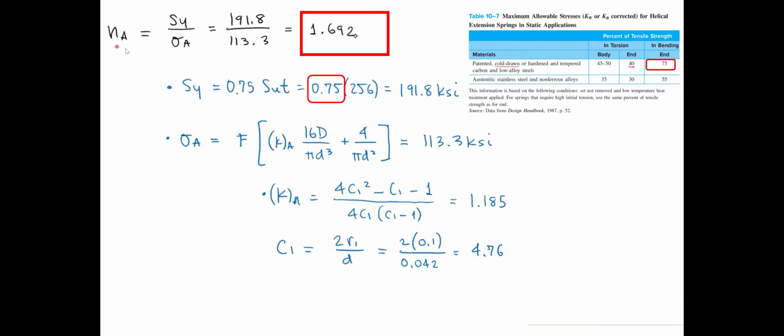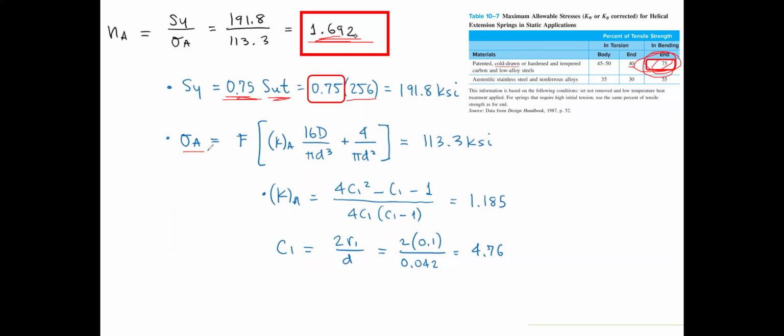So the NA means that for this SY divided by sigma A, we consider the normal stresses. This NA is about 1.7, because the SY equals 75% of SUT, and the SUT we already found is 255.